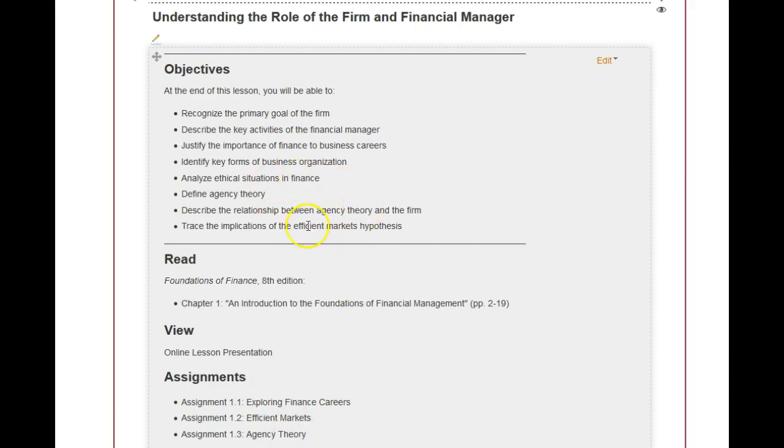Then we look at the relationship between the agency theory and the firm, and that's always being looked at because you've got a board of directors, you have shareholders, you have managers, you have CEOs, you have officers of the company, that there's always a conflict, or in theory there's a conflict between the best interests of the agent and the best interest of the shareholders.